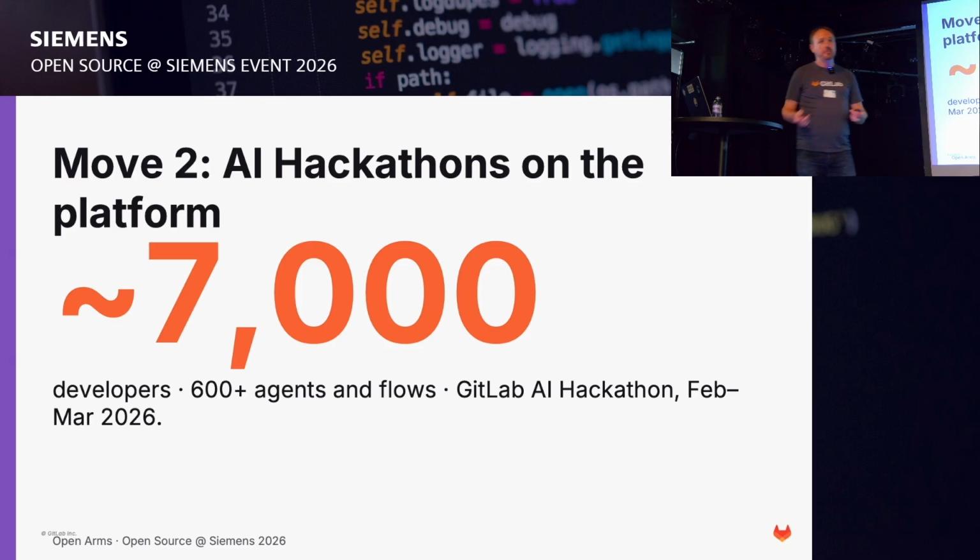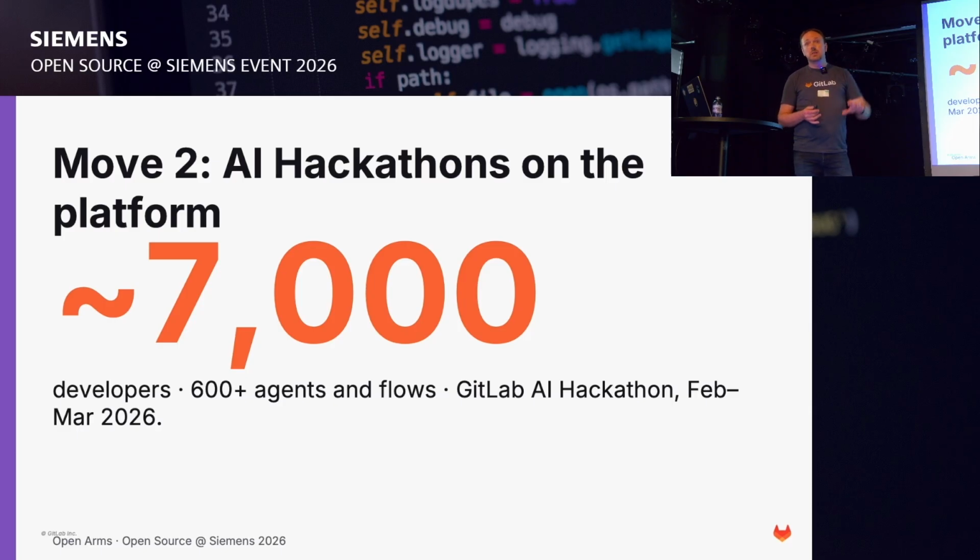The second step we've done is an AI hackathon directly on the platform. We ran a hackathon from February to March. It had something like a $65,000 prize pool. We had a large number of contributors sign up, almost 7,000. They were tasked with actually developing AI agents and AI flows on our platform.